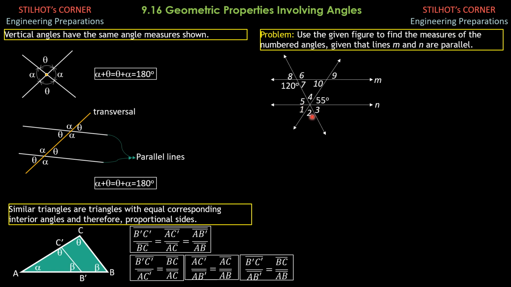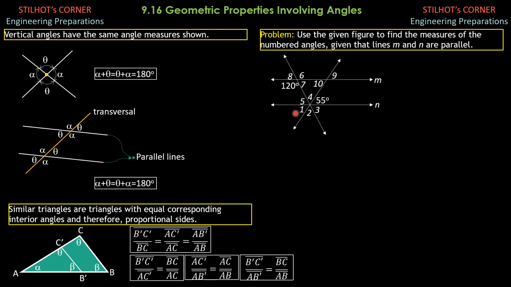Therefore, angle 2, which is equal to angle 4, is 180 degrees minus angle 1, 55, minus angle 3, 60. So that's 180 minus 55 is 125 degrees, minus 60 degrees, which is angle 3, is 65 degrees.